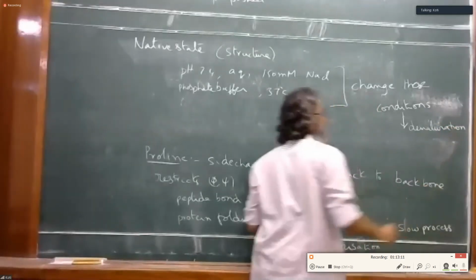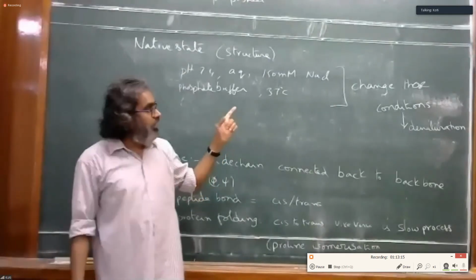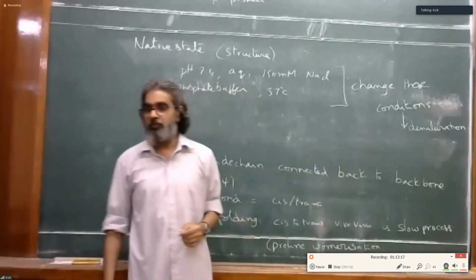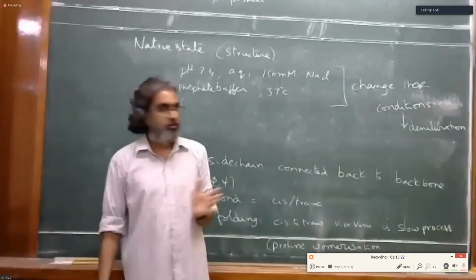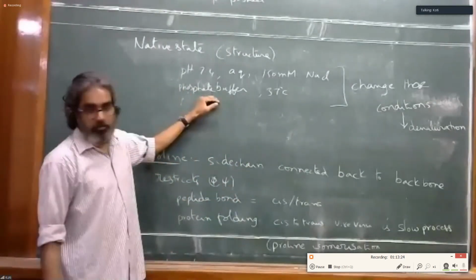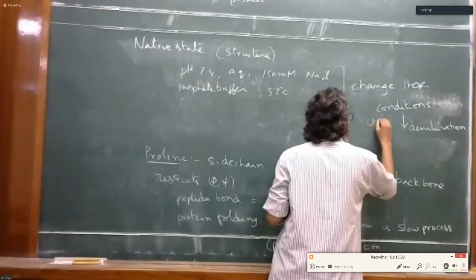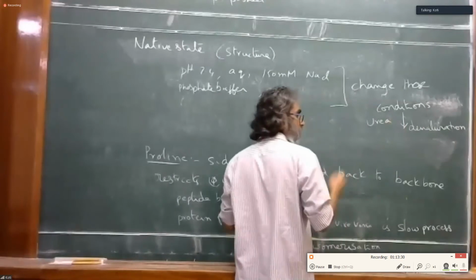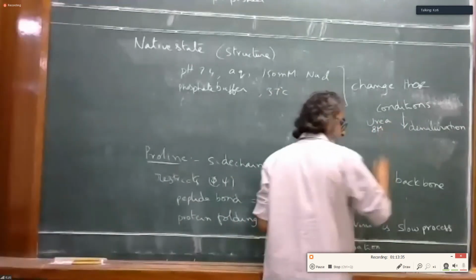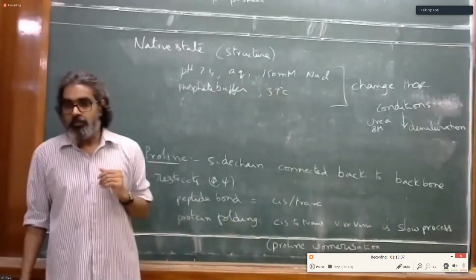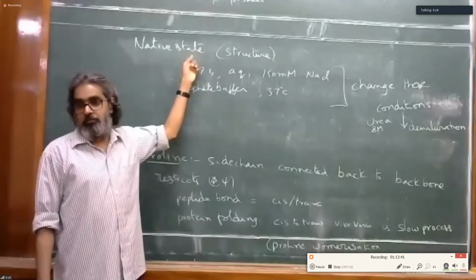You're deviating from the native conditions. And exclusively we call it denaturation if you really drive the system to extreme conditions. To the same buffer, you add a lot of urea, for example, like 8 molar urea. Then this structure is no longer stable.